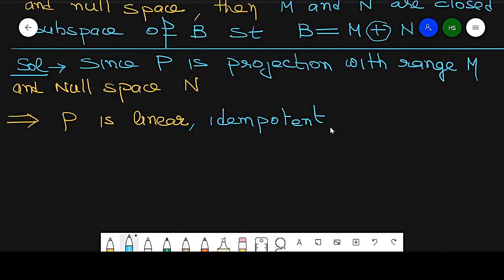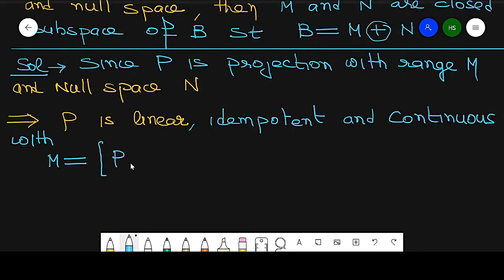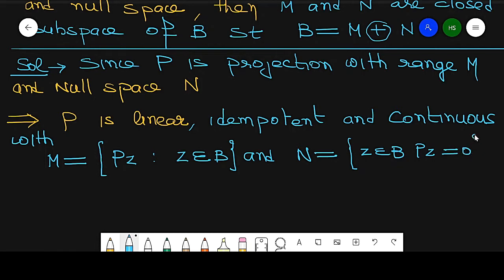Linear, idempotent and continuous, with M its range, which is P of Z such that Z belongs to B, and null space N, which is all vectors Z belonging to B such that P of Z equals 0.